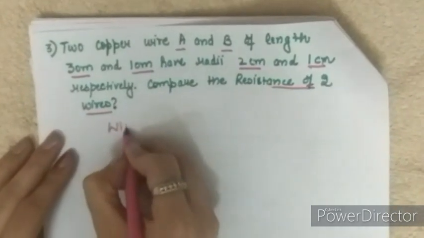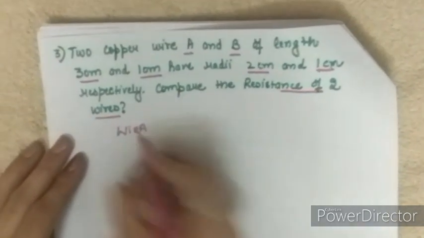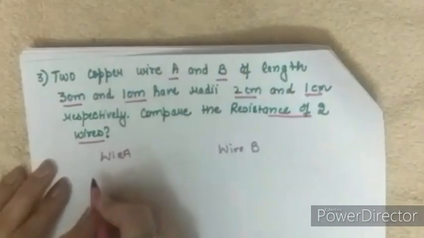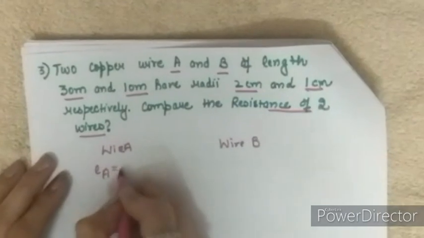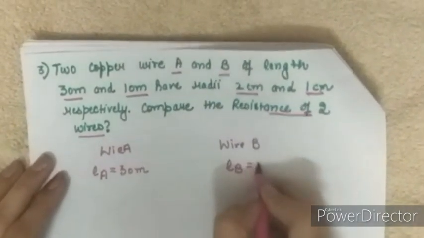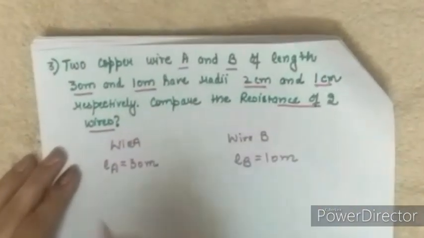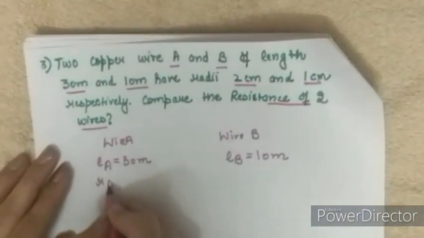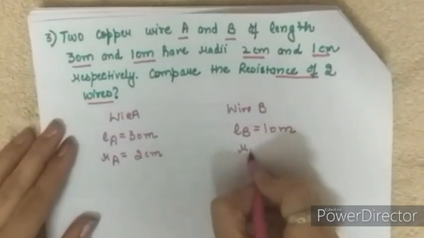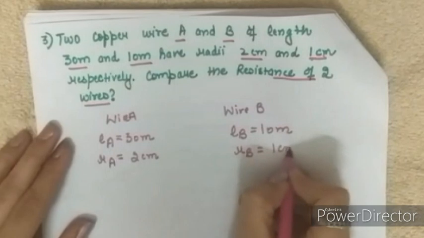Wire A and wire B. The length of wire A is 30 meters and length of wire B is 10 meters. Next, the radius of wire A is 2 centimeters and the radius of wire B is 1 centimeter.